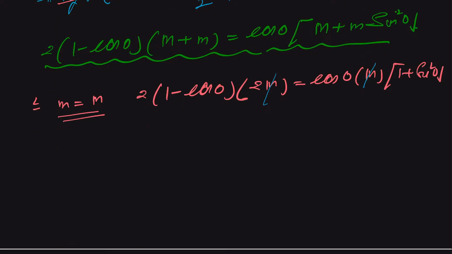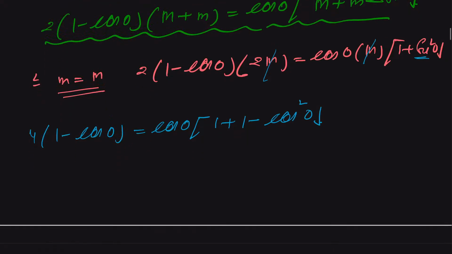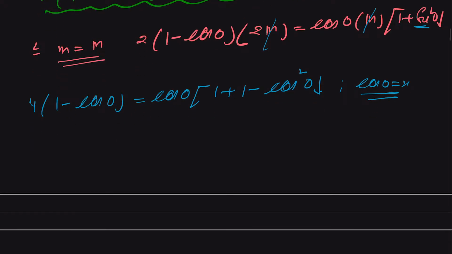So we get 4(1 minus cos of theta) is equal to cos theta (1 plus, and sin square we can write as 1 minus cos square theta). So let us assume that cos of theta is equal to x. Therefore we can write 4(1 minus x) is equal to x(2 minus x square), and this will be nothing but a cubic equation.